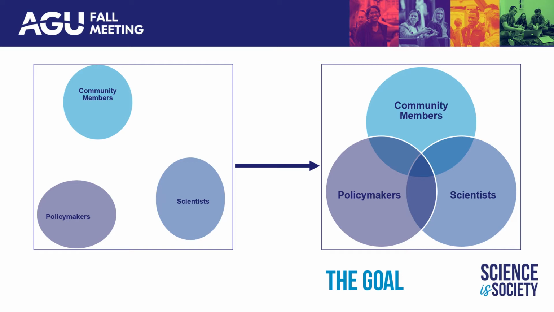And so essentially by bridging this gap, the hope is to begin to restore faith in the role of science and policy. We want to take this figure over here and through public policy initiatives wind up with a situation as illustrated on the right where policymakers, community members, and scientists are all interlinked and working together and restoring the role of faith with science and policy.